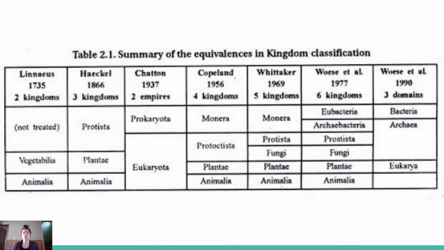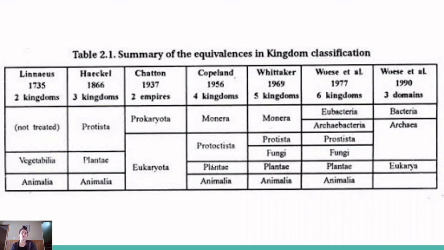And so this just shows how we have changed classification over the years. With Linnaeus, we had 2 kingdoms, vegetables and animals, or plantae and animals. So again, plants and animals. Then about 130 years later, we added in protists, which are microscopic organisms you wouldn't be able to see. Then we went back and just called it 2 empires, prokaryotes and eukaryotes.